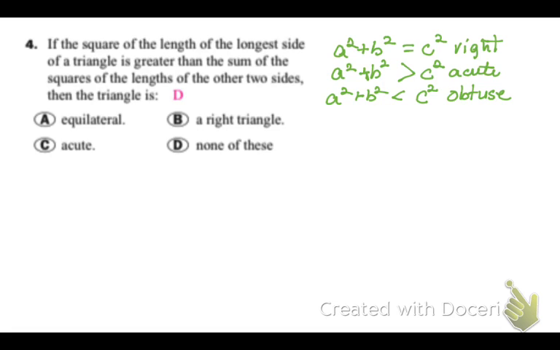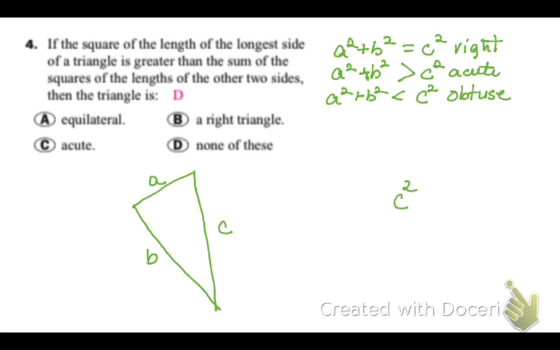So let's see what we got here. And again, here's the absolute best way: draw a picture. If the square of the length of the longest side, so let's draw the longest side and we'll call it C, is greater than the sum of the squares of the lengths of the other two sides, we'll call those sides A and B. So the square of the longest side is C squared.